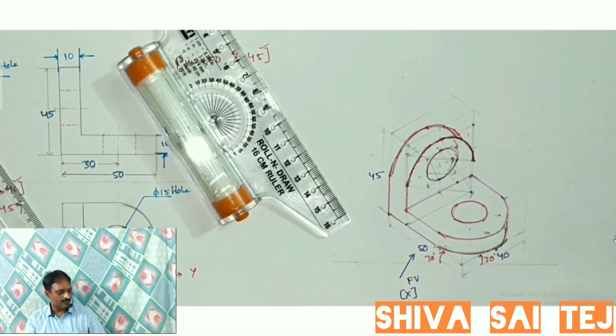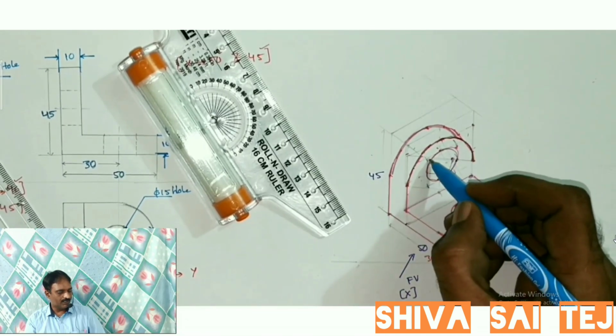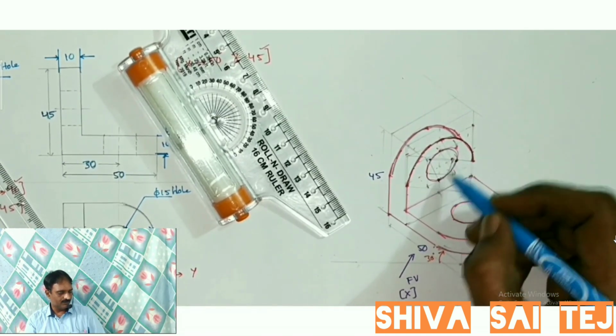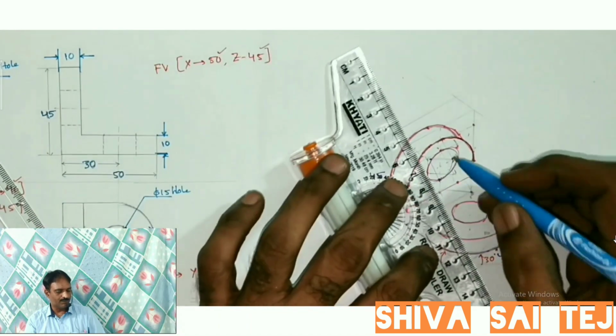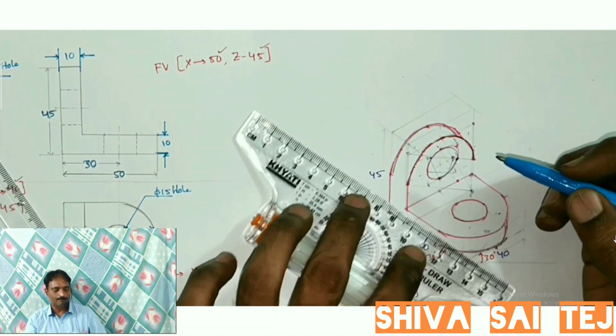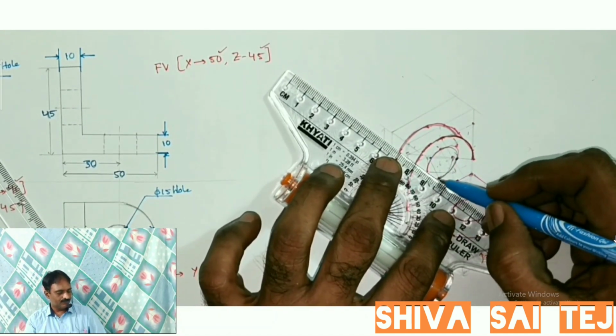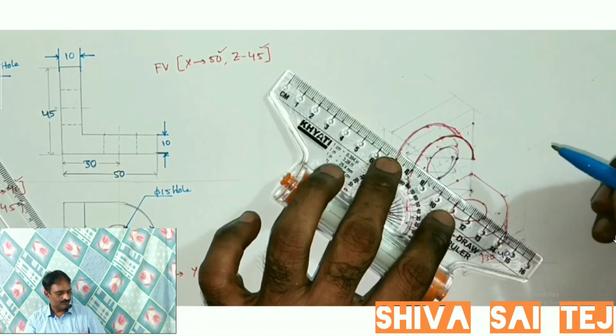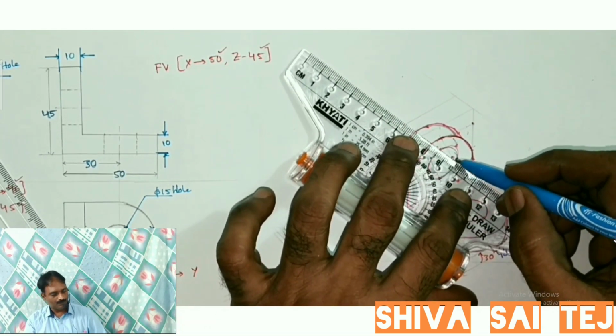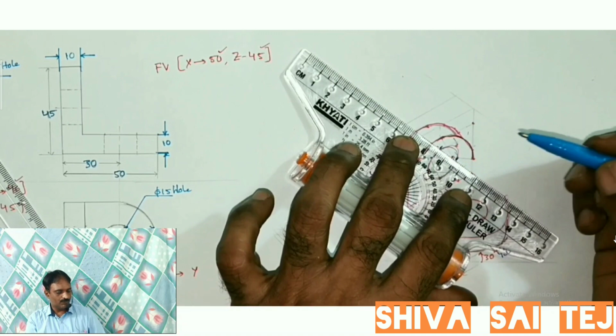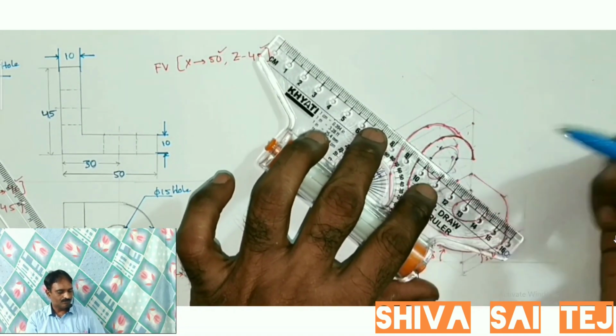And once the things are over, completely erase the lines so that the picture will appear in a clear way. So that is how we have to represent the diagram.